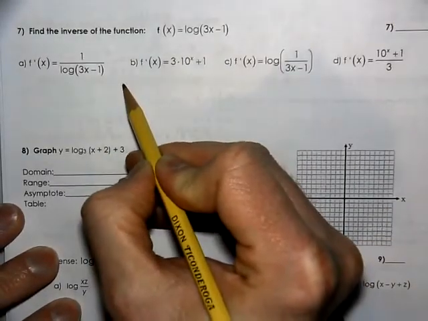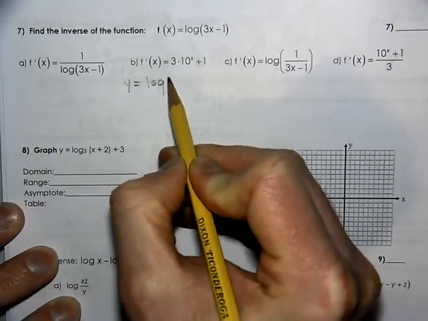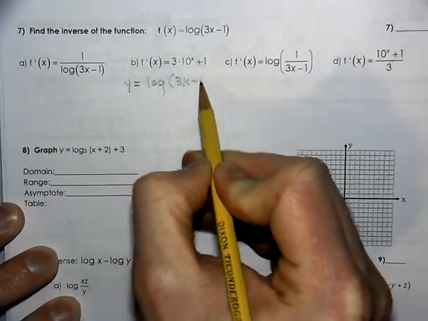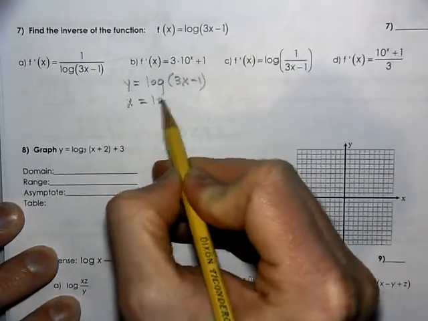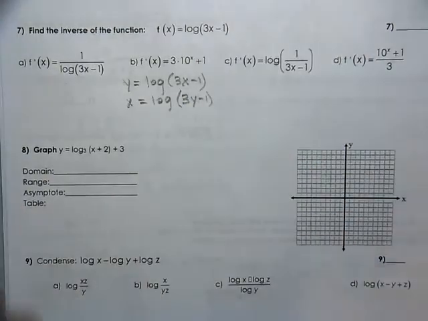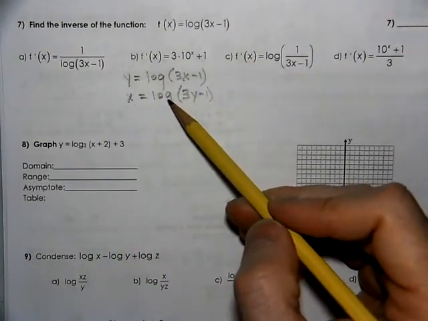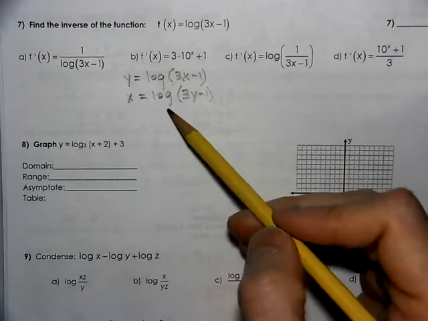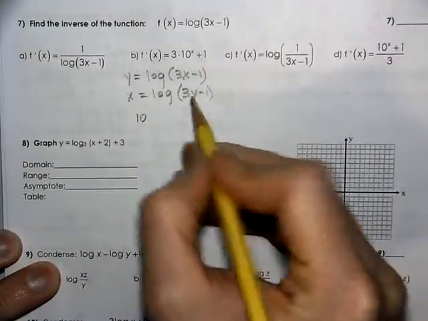Let's take a look. Currently we have y equals log of 3x minus 1. We're going to switch our x and the y. Now we need to solve for the y. Well, to do that, we see that the logarithm has a base of, nothing's written, so that means it's a 10. It's called a common log. So 10 is your base.